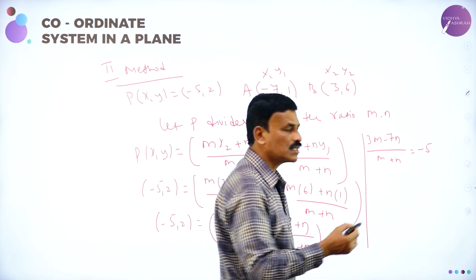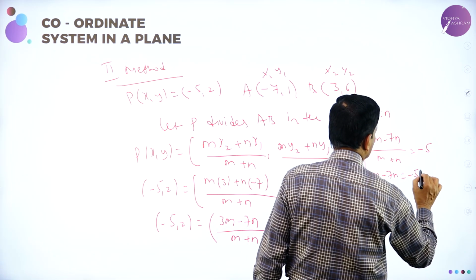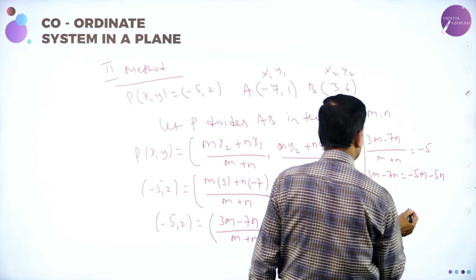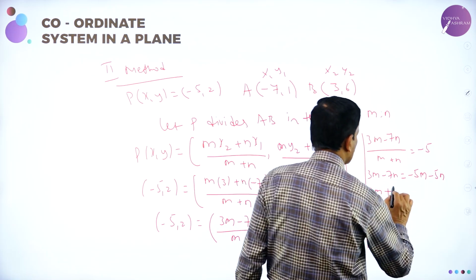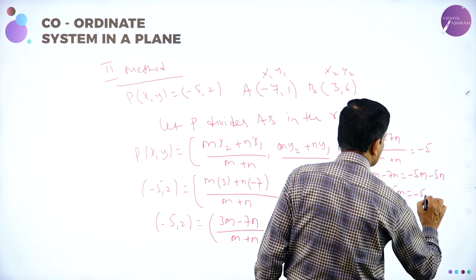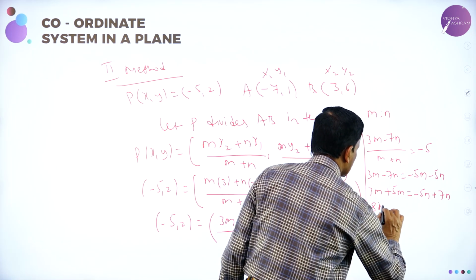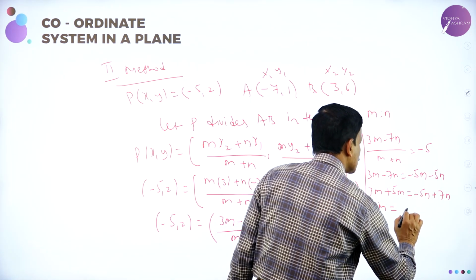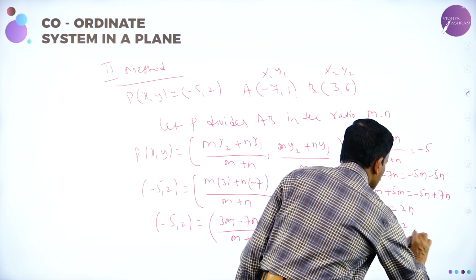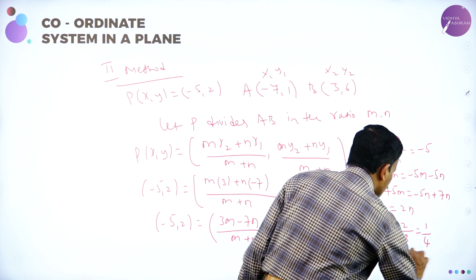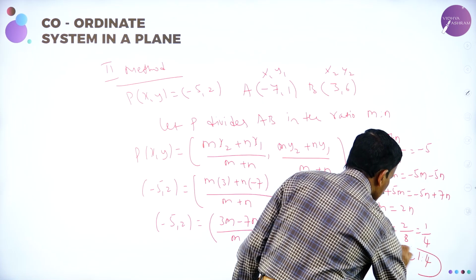Cross multiply: 3m - 7n = -5m - 5n. Bring -5m to the left side: 3m + 5m = -5n + 7n. So 8m = 2n. Now m by n is 2 by 8, which is 1 by 4. Therefore, the ratio m is to n is 1 is to 4.